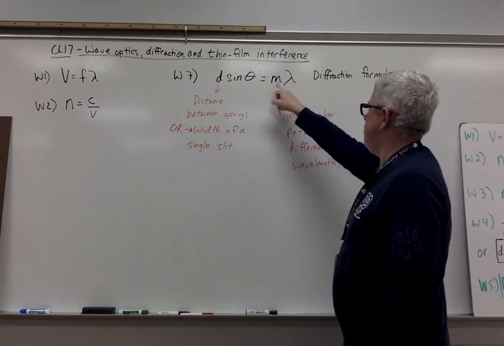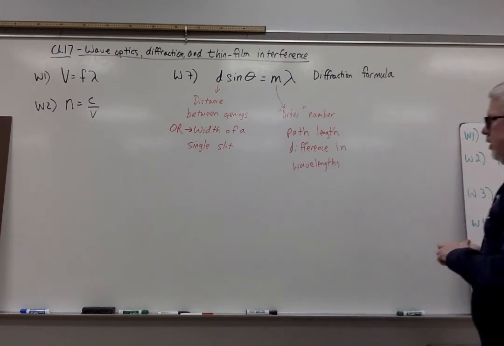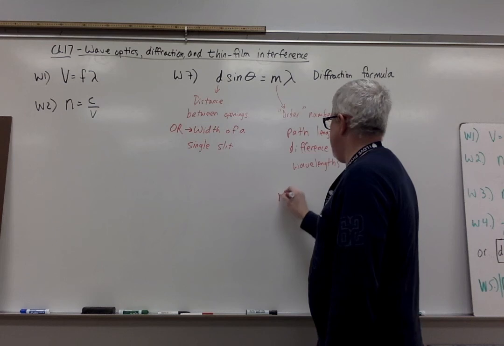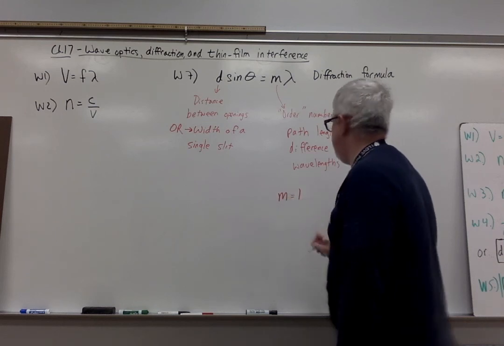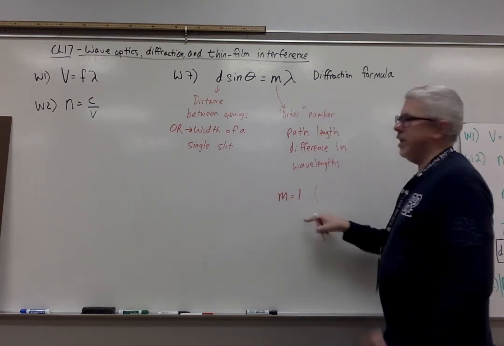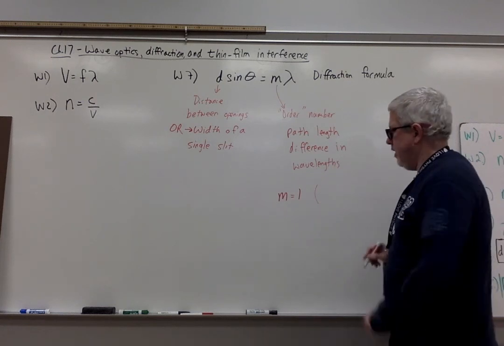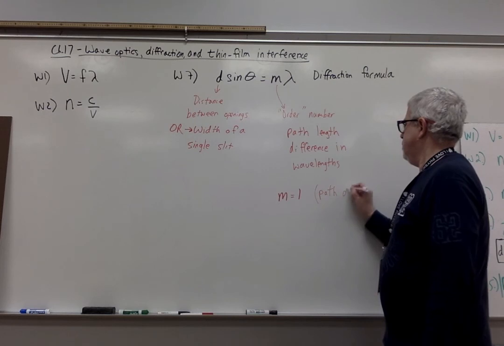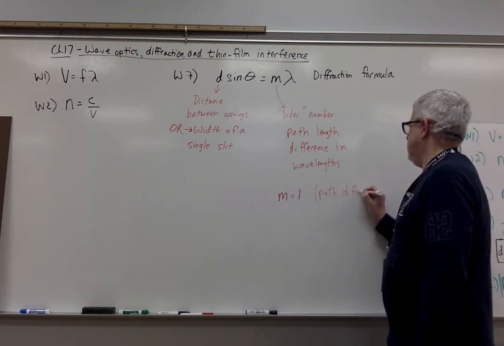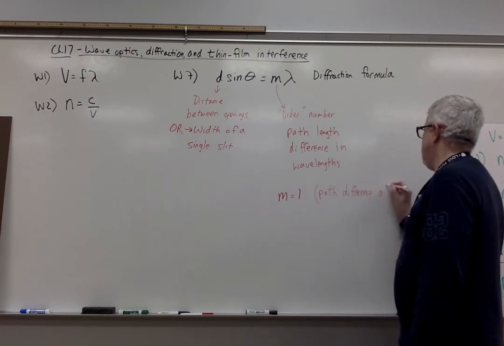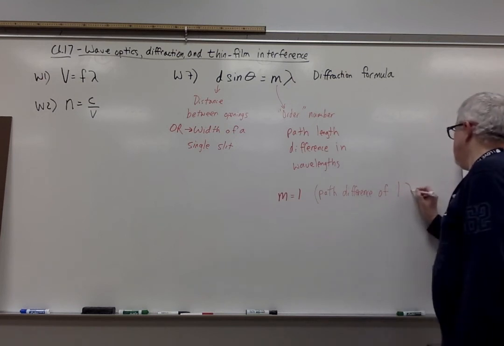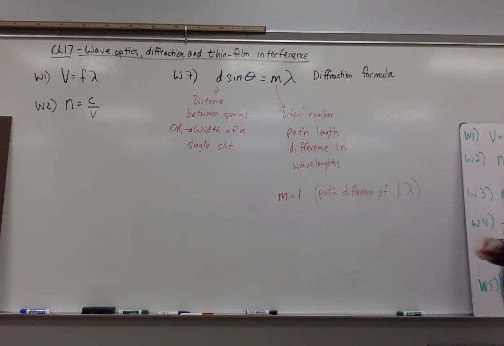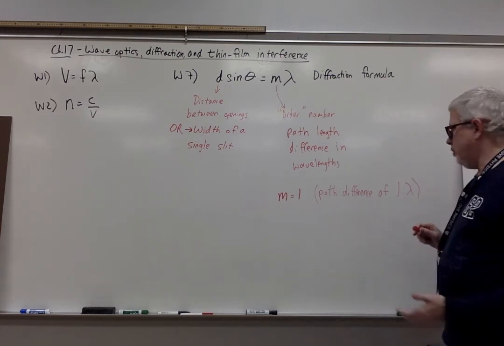So that's why it's multiplied by wavelength over here. For example, if we have m equals 1, that means we've got two rays of light, or waves of light, with a path difference of 1 wavelength.